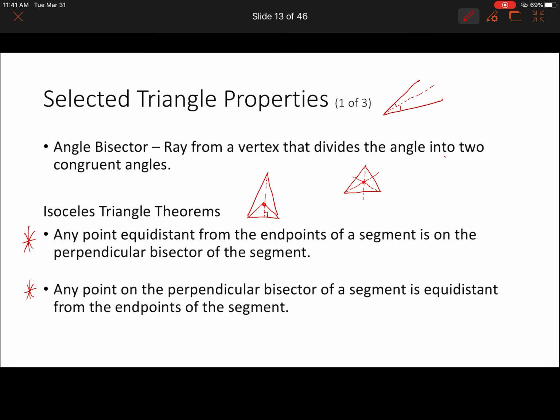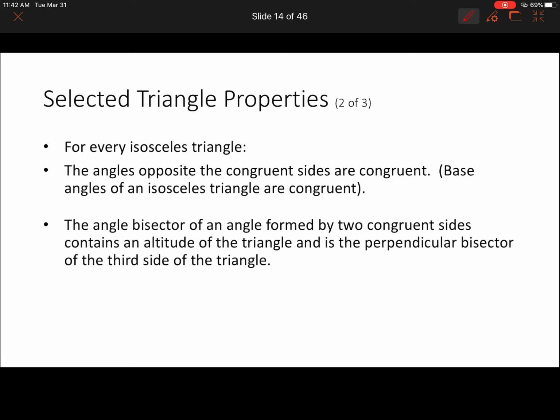The second one says that any point on that perpendicular bisector is equidistant from the endpoints of that segment. Okay, so they're very, very similar. One just says that all the points on that perpendicular bisector are equidistant. The other one says that if there's a point that's equidistant, it is on the perpendicular bisector. If you have questions with that, I can always answer emails or do a Zoom session with you to make that make more sense.